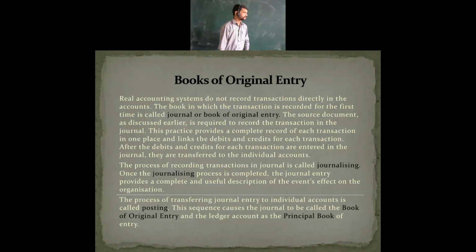See, you can see here, a real account system does not record transactions directly in the accounts. The book in which the transaction is recorded for the first time is called the journal.